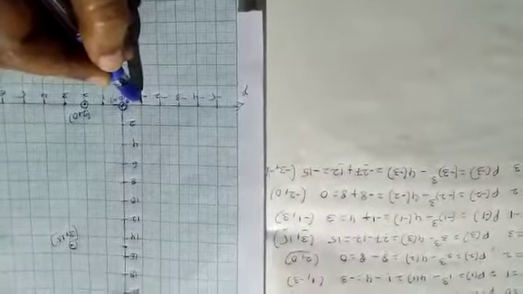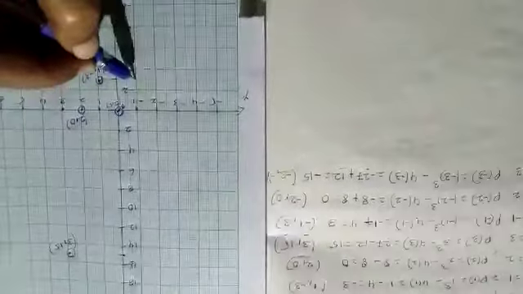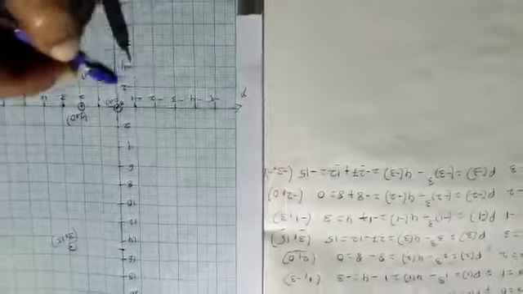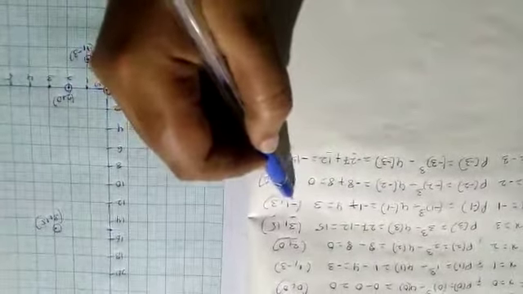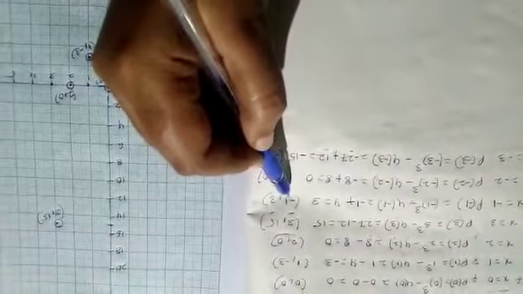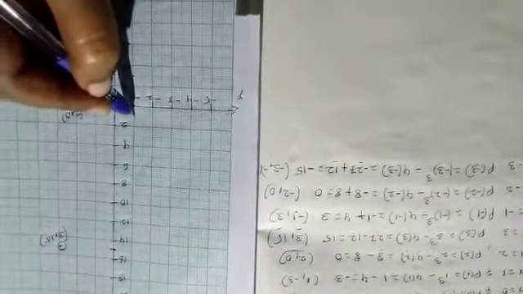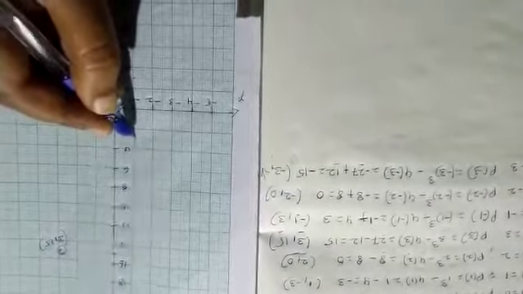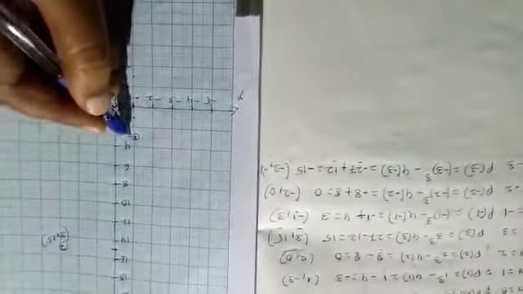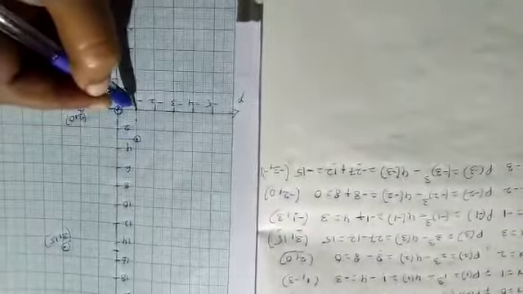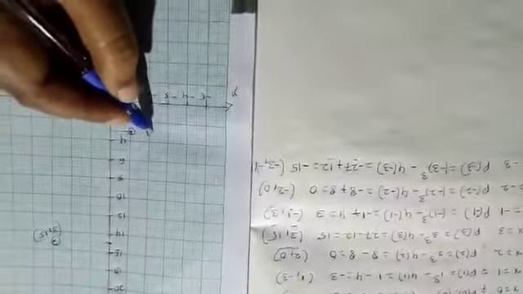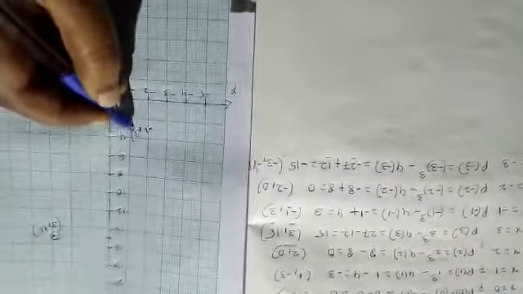X-axis minus 1, y-axis 3. This point is 3. This point is minus 1 comma 3.